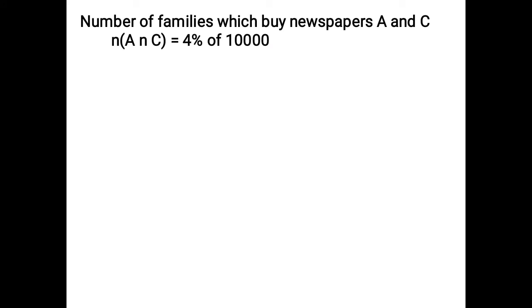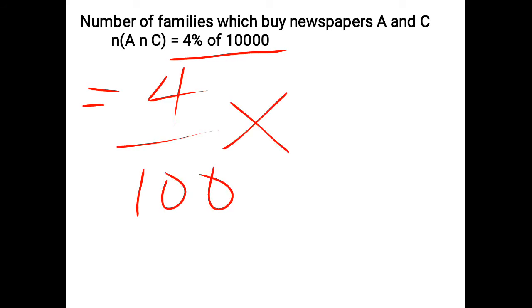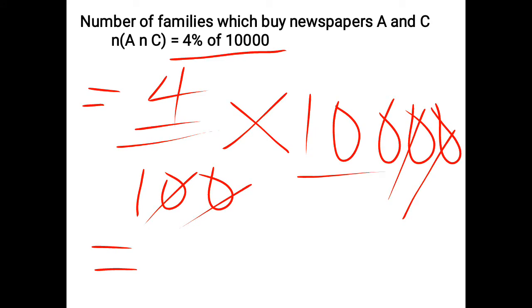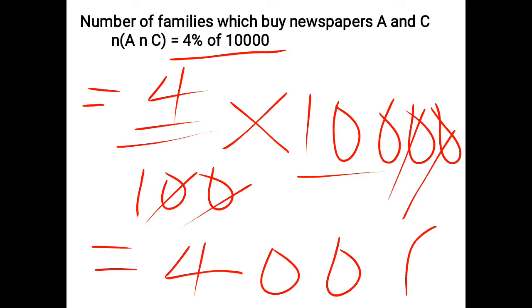Good. And then number of families which buy newspapers A and C, that is number of A intersection C. None of them has only. So number of A intersection C, which is 4% of the total. So that should be equal to 4 over 100 times 10,000. These 2 zeros will cancel those 2 zeros, giving us 4 times 100. That is 400 families.